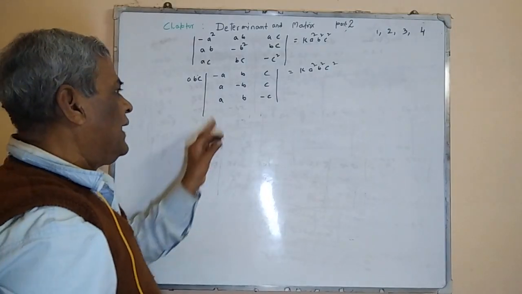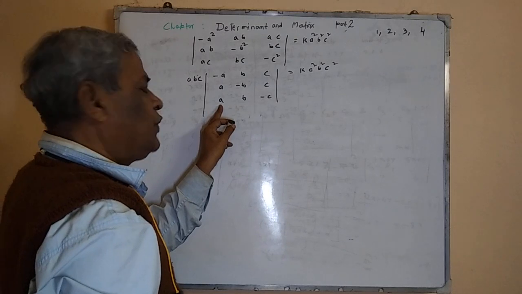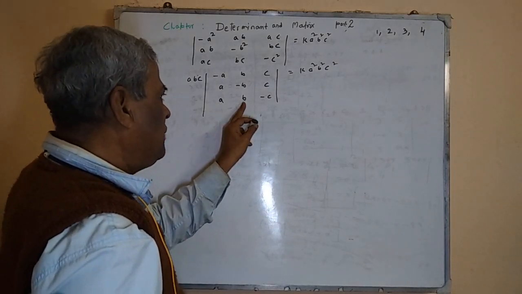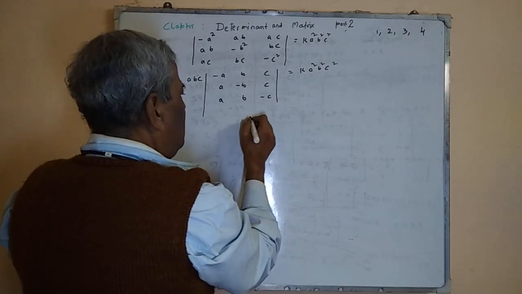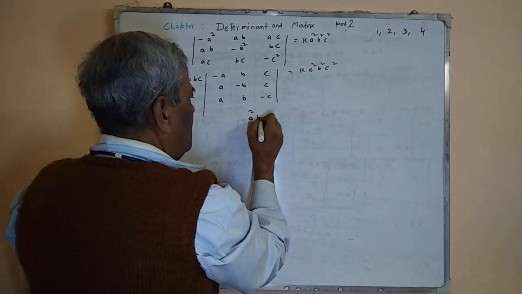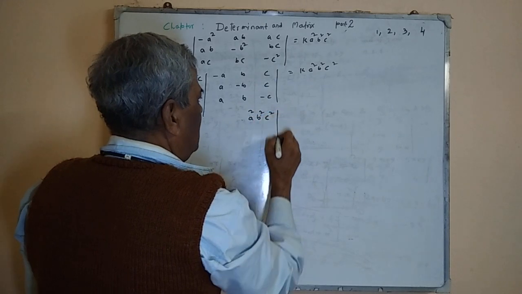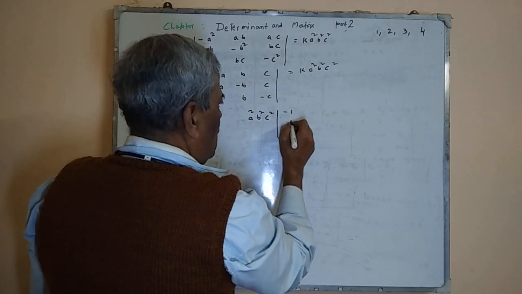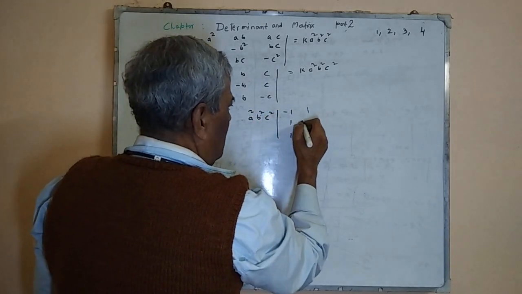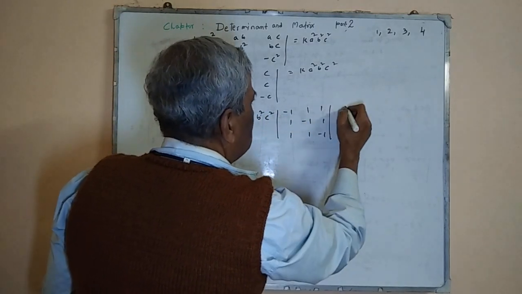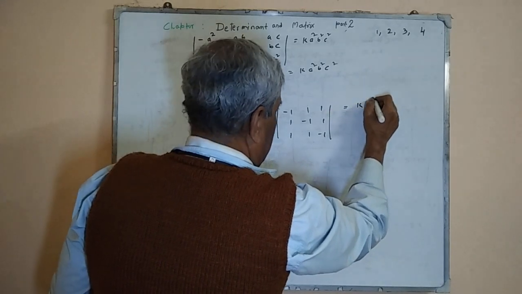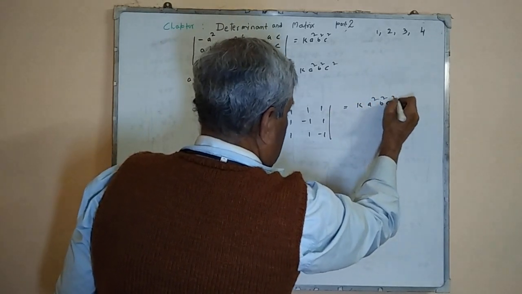Once again I can take a common from C1, b from C2 and c from C3, and it becomes a square b square c square into the determinant minus 1 1 1, 1 minus 1 1, 1 1 minus 1, which is equal to K a square b square c square.